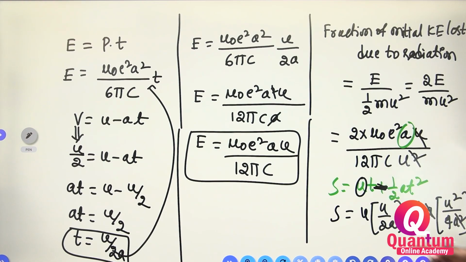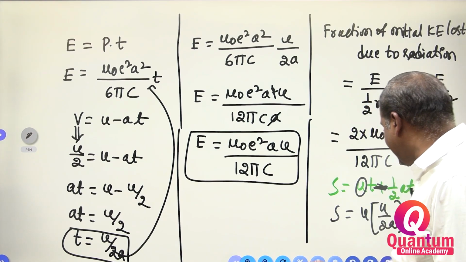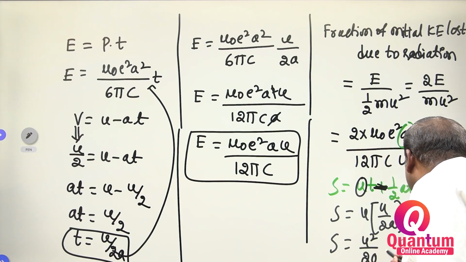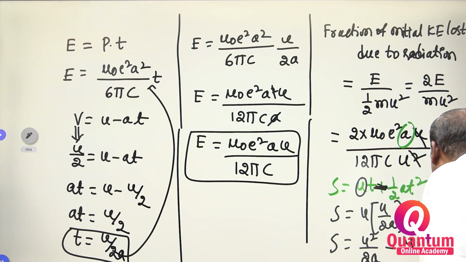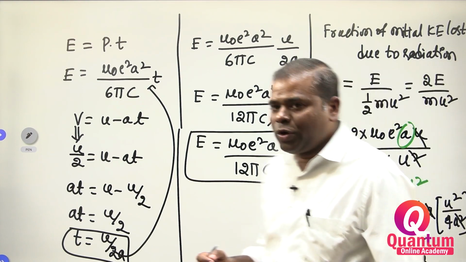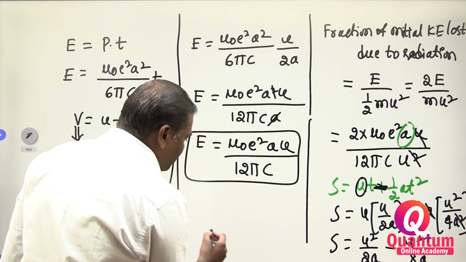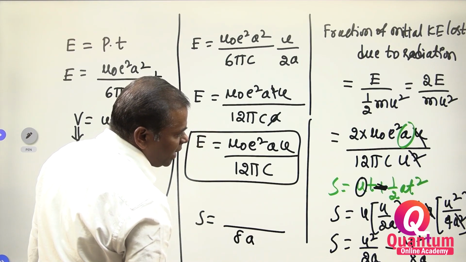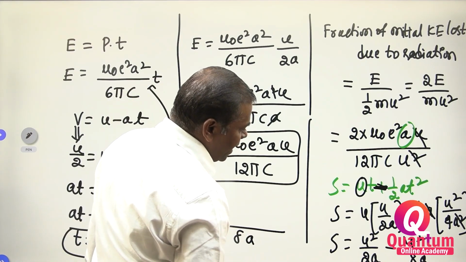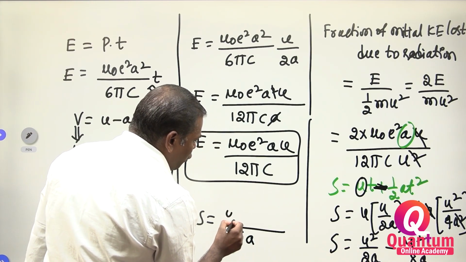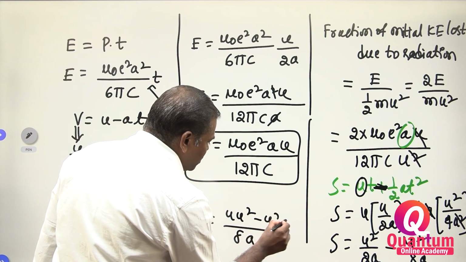1A gets cancelled. There we have to write S is equal to u squared by 2A minus u squared by 8A. You have to take the LCM, which is 8A. So 2 4 ja 8, 4u squared minus u squared.